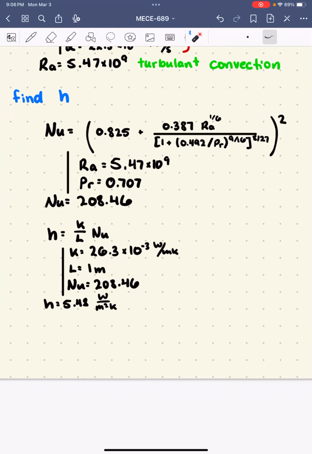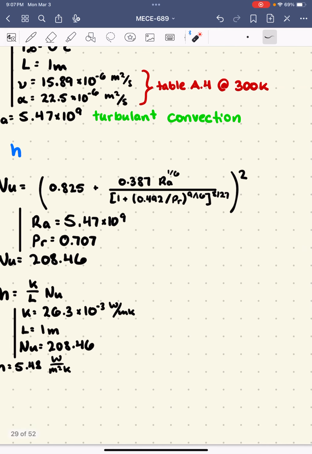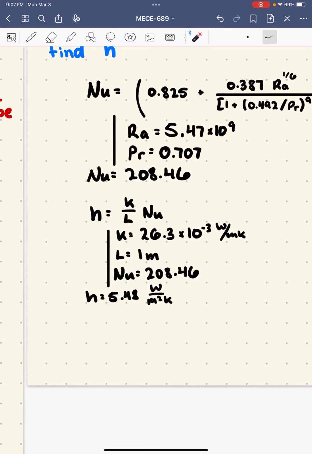Now, in order to do this, I'm going to find h using the Nusselt number as well as the Rayleigh number and the Prandtl number. Any of these numbers, like the Prandtl number or alpha or nu, I found in table 8.4 using 300 Kelvin as a rounding estimate, which could change, of course.